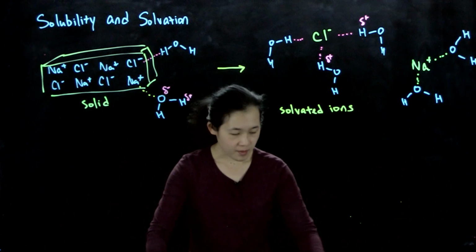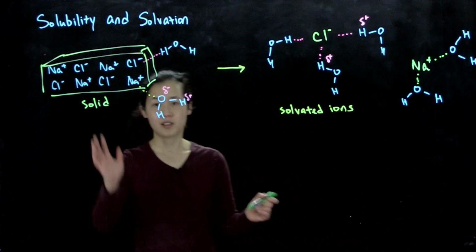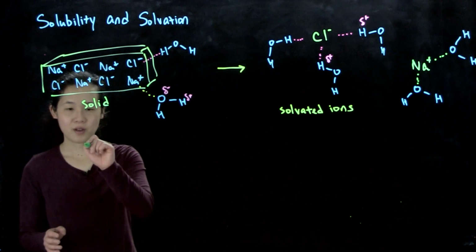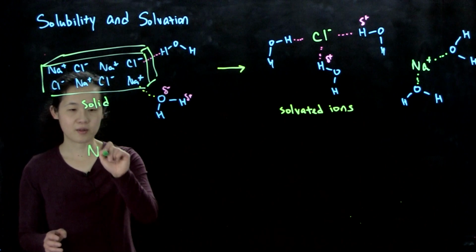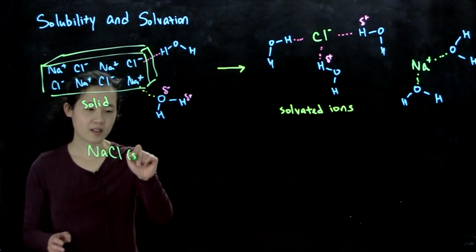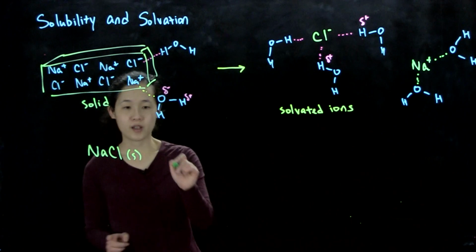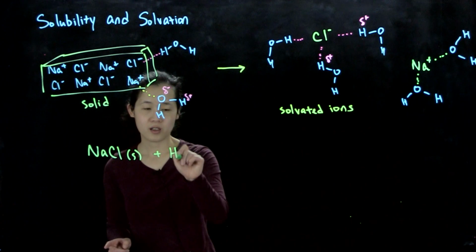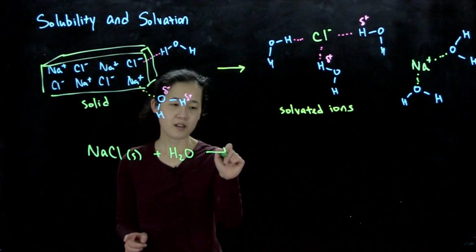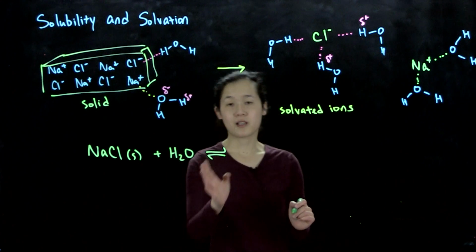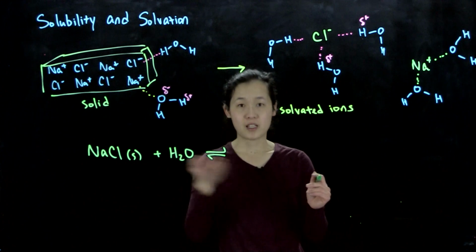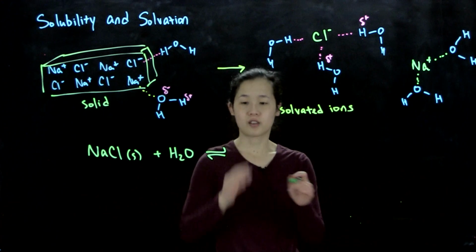When we talk about the reaction of something being soluble, here's our general equation. In this case, sodium chloride as a solid plus water. And then when it dissolves, it's in equilibrium, because we can saturate it, and then it'll be a dynamic equilibrium between a solid and the solution.